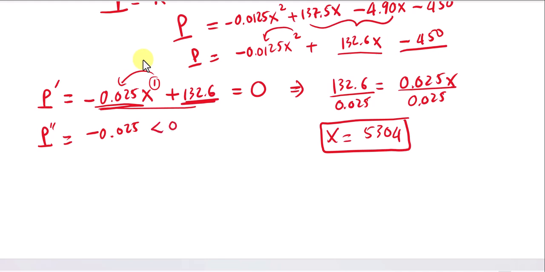It's less than 0. Then it's always concave down for the entire domain. And because this is concave down, you are expecting to get the maximum value at the critical value. So x equals 5,304. That is the value.